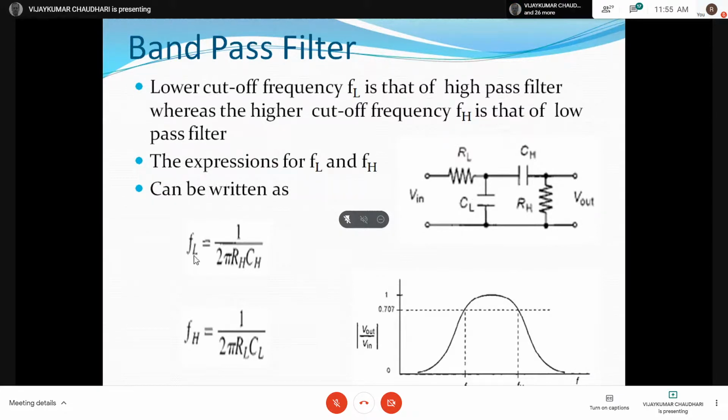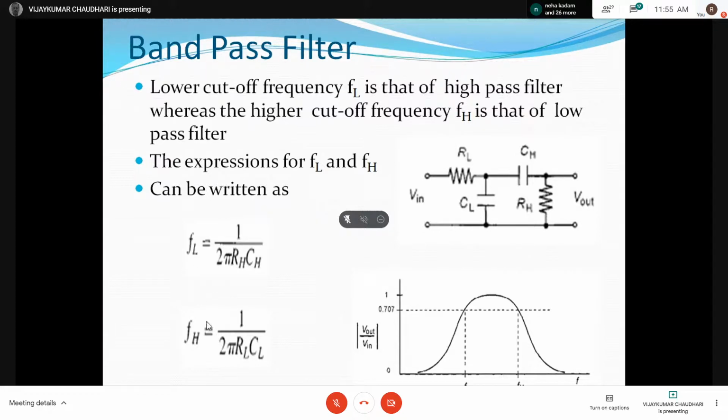Okay, so FL is given by 1 upon 2 pi RH CH of the high pass circuit, whereas the upper cutoff frequency, higher cutoff frequency FH, is of the low pass filter combination, and it is given by FH is equal to 1 upon 2 pi RL CL. Okay, this RL and this CL. So do not get confused.